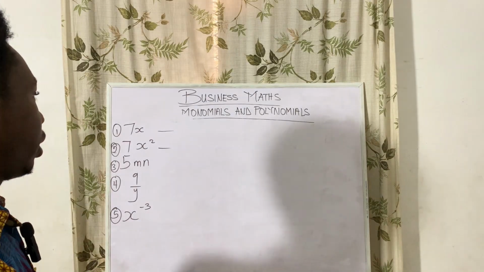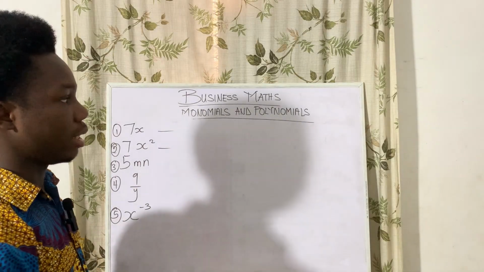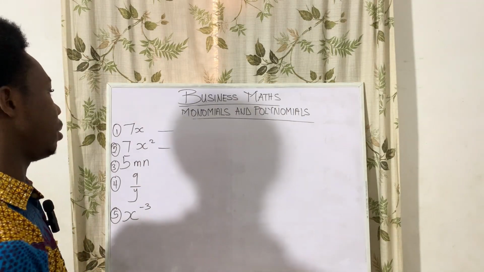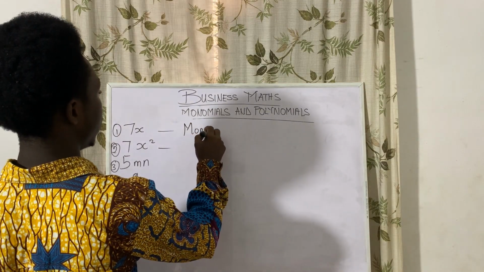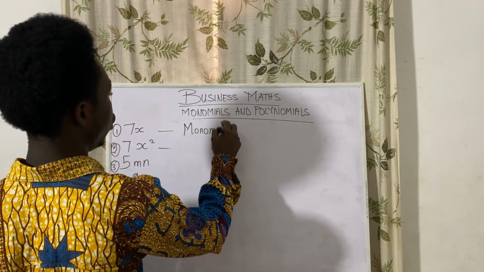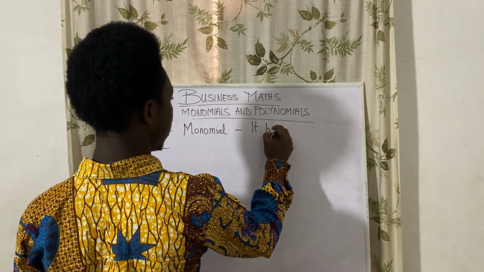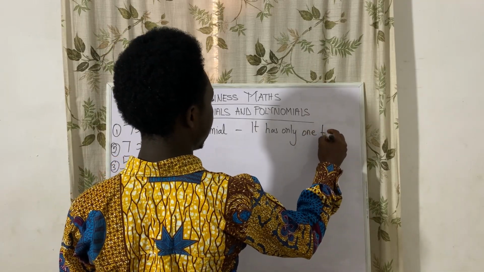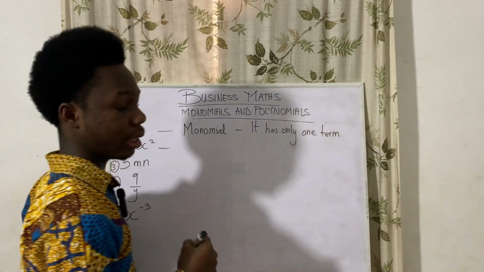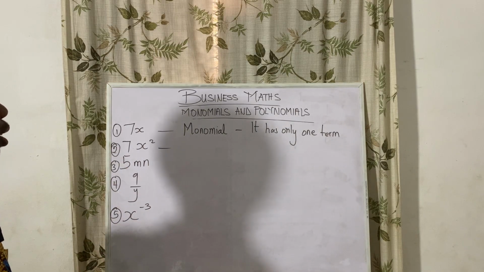Now let's try. The first example we have over here is 7x. Note that monomials have only one term. So this is a monomial, because it has only one term. Now let's look at the second number, 7x squared.